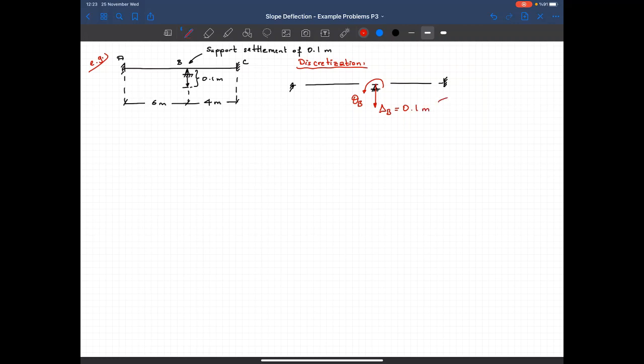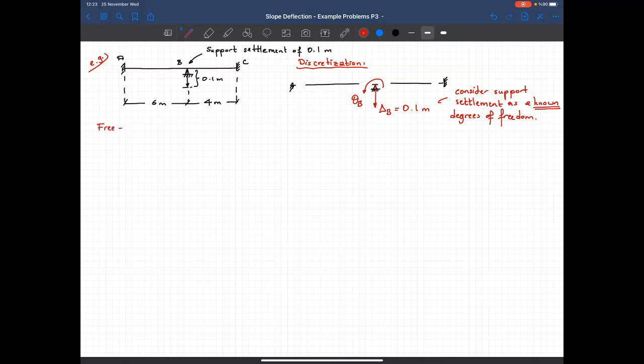So what I'm doing here is I'm considering support settlement as a known degrees of freedom. Okay, now the rest is the same.